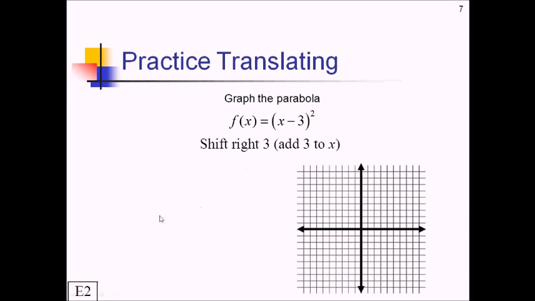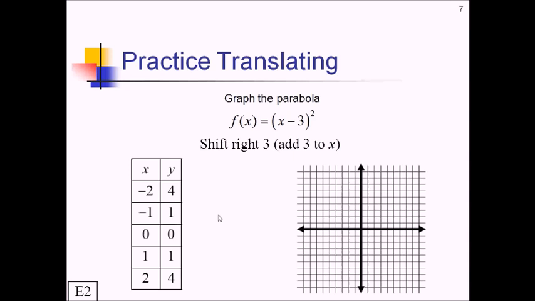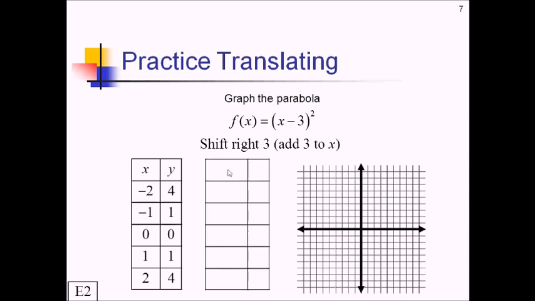Let's make a parent table here. And now the new table, my x values, I'm actually adding 3 to x, because again, it's opposite of what it looks like inside the parentheses. And then y is staying exactly the same. So new x values, we've got 1, 2, 3, yes, it keeps going like this, 4, and 5. I mean, all your x values are separated by only 1, right?